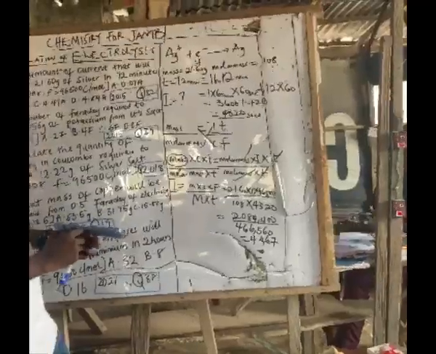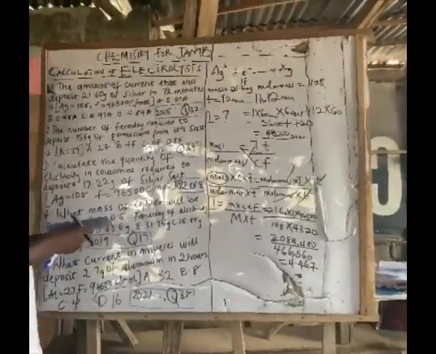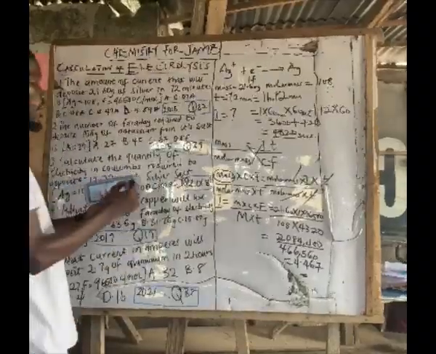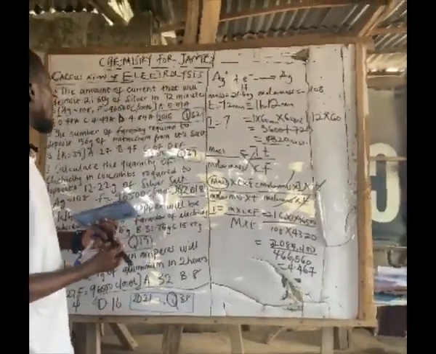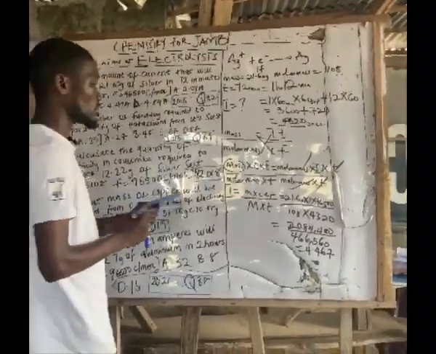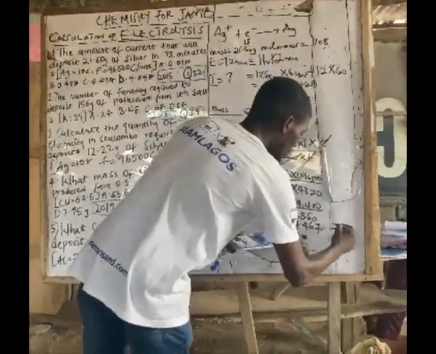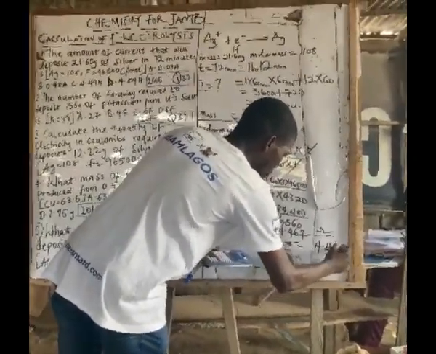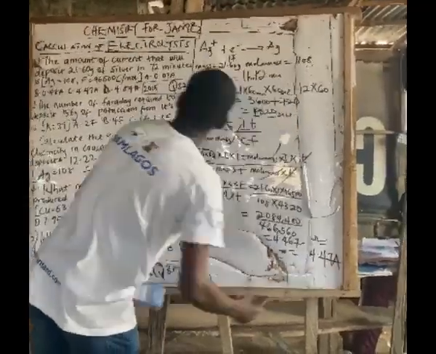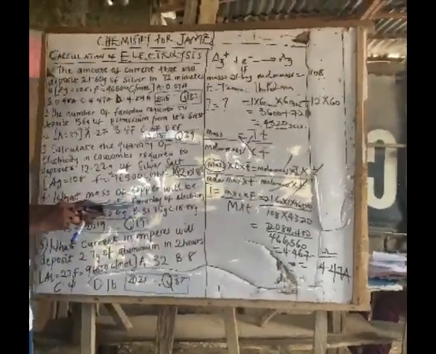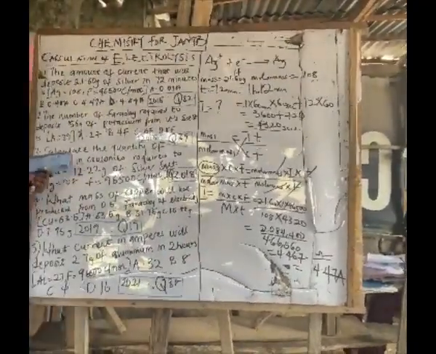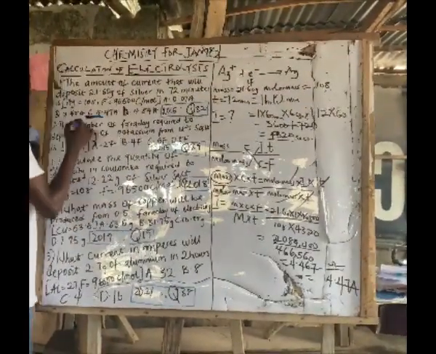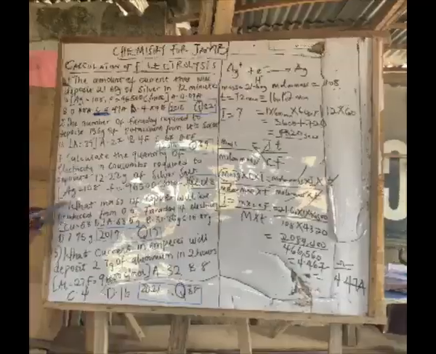As a Jambite, when you look at the options you have here, these are our D and C. If you approximate 4.467, we will have 4.47 ampere. So class, as you can see, we have 4.47 as C. So C is your answer.